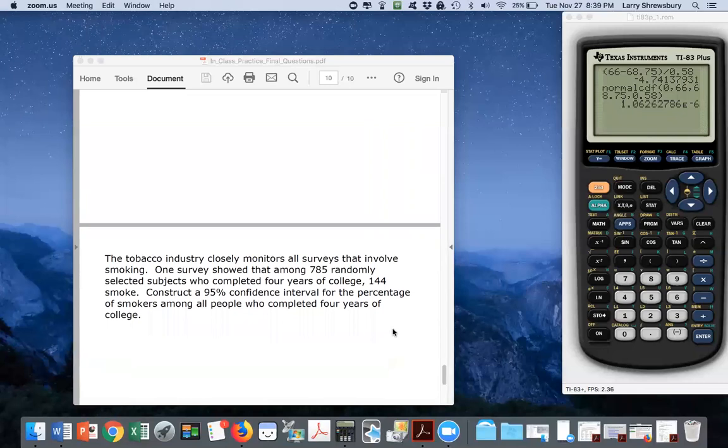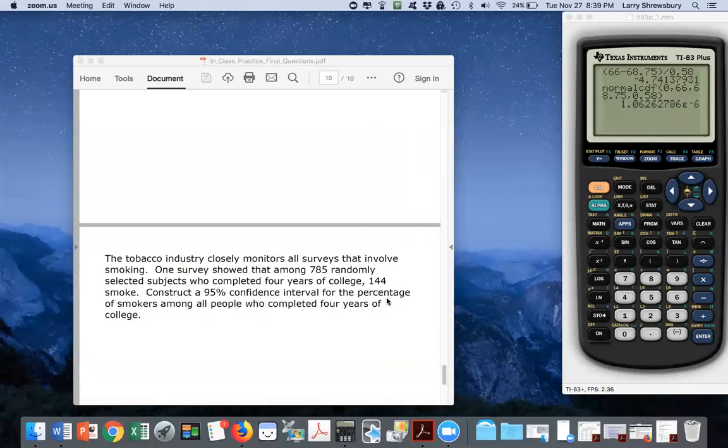So we take a random sample from that, and as you go through that sample, what are you doing to each of them? Are you measuring something, or are you putting them into a category? Yeah, you're putting them into one of 2 categories, because you're seeing whether they smoke or not.